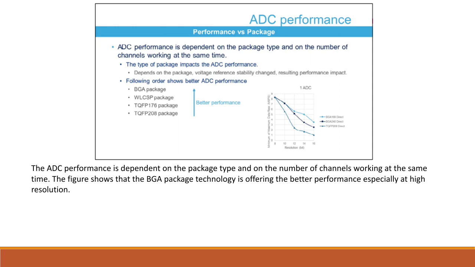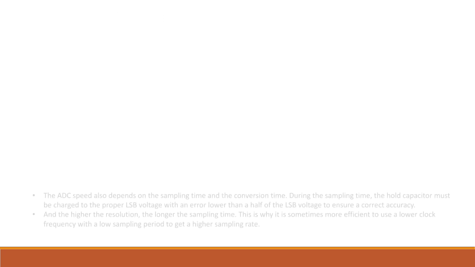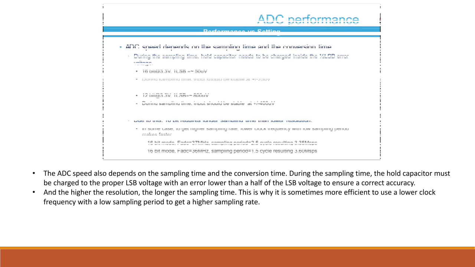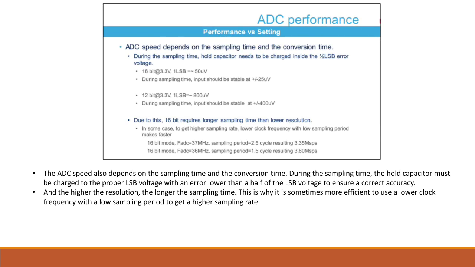So let's see performance versus setting. ADC speed depends on the sampling time and the conversion time. During the sampling time, the hold capacitor needs to be charged within half LSB error voltage. So for 16 bit at 3.3 volts, 1 LSB is 15 microvolts.